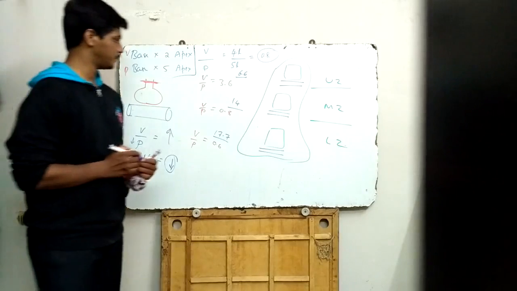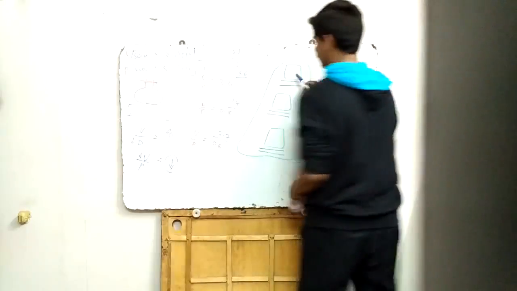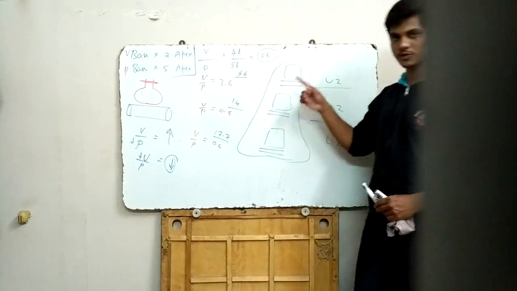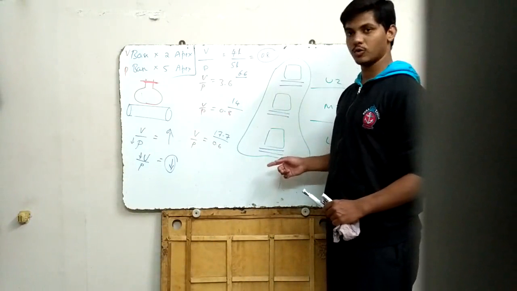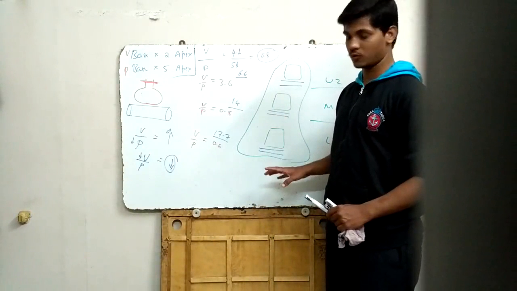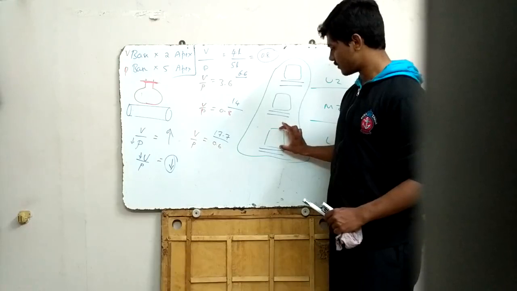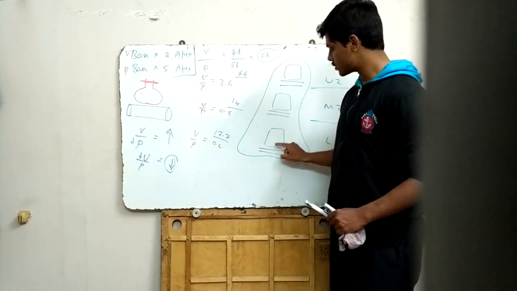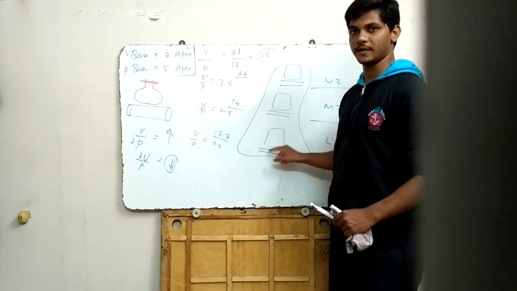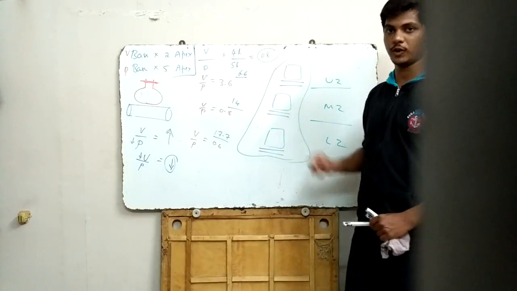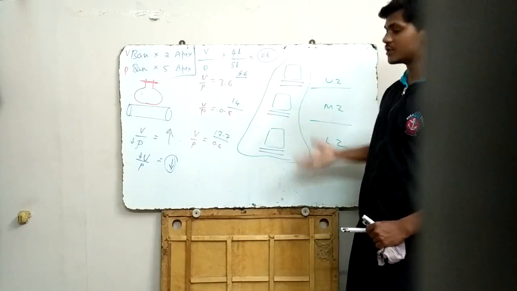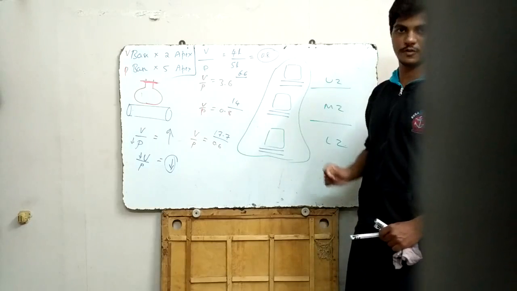One more thing. Here in the apex, ventilation is less, perfusion is also less. In the base, ventilation is more, perfusion is more. If more oxygen is available in the alveoli, but all the oxygen is drained by the capillaries, the oxygen will not stay in the alveoli. But here, ventilation is more compared to the perfusion.